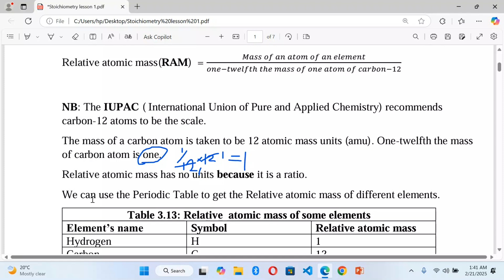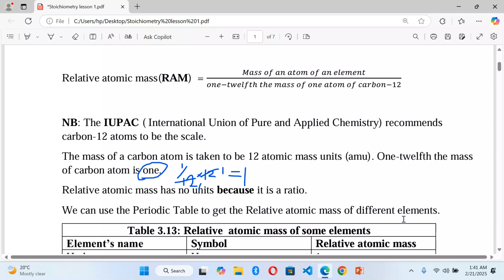So we're saying that we can use the periodic table to get the relative atomic mass of different elements. Any periodic table always has the symbols of the elements, the atomic numbers, and the atomic mass of the different elements.